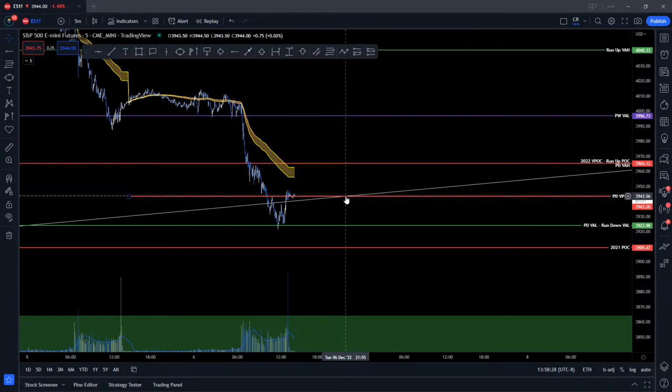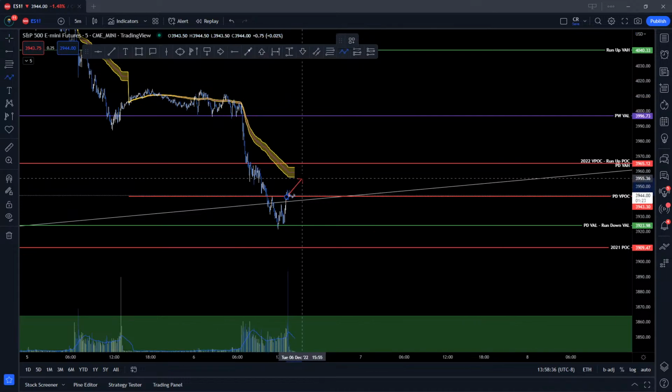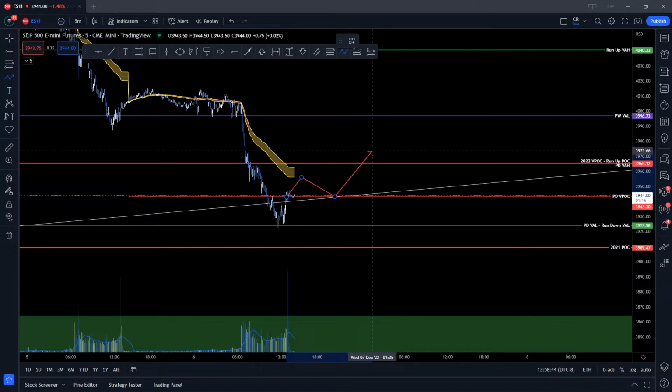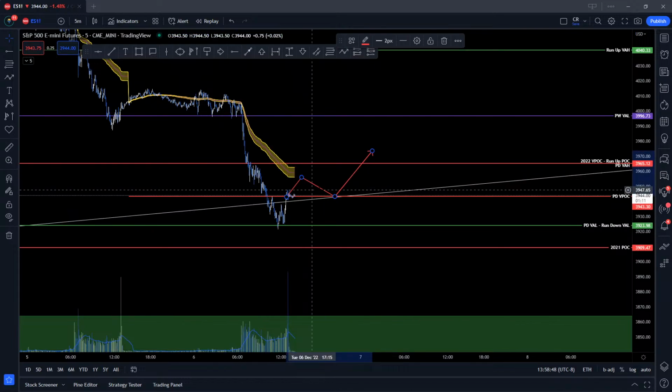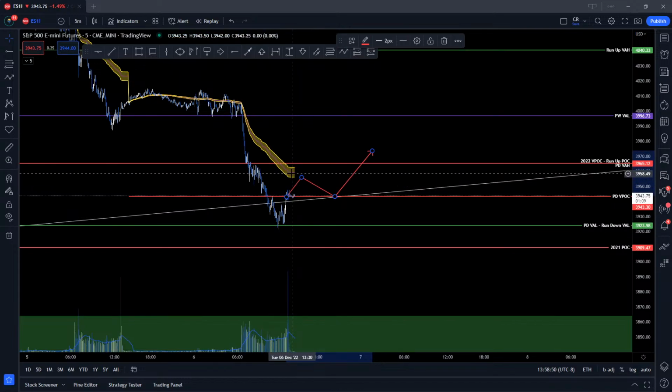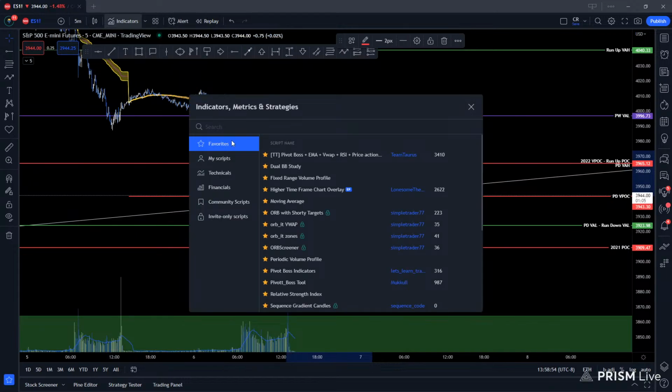Actually, this is probably going to be it here. If we come up here, we'll probably reject the VWAP, come back down to this trend line, previous day VPOC, and then go. I'm guessing.